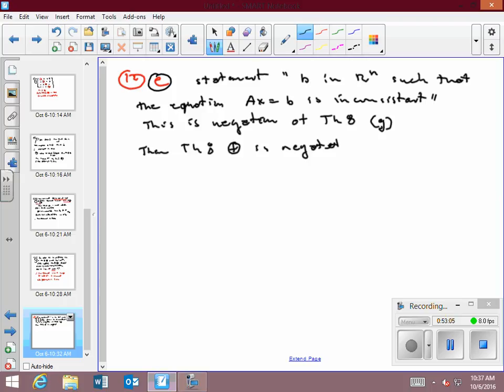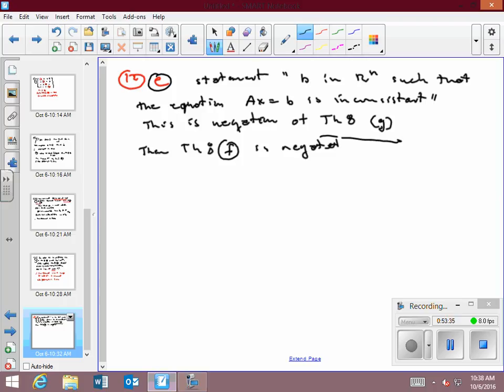Okay, that statement says that the negation of this statement is true. And then theorem 8F says the linear transformation is one-to-one.